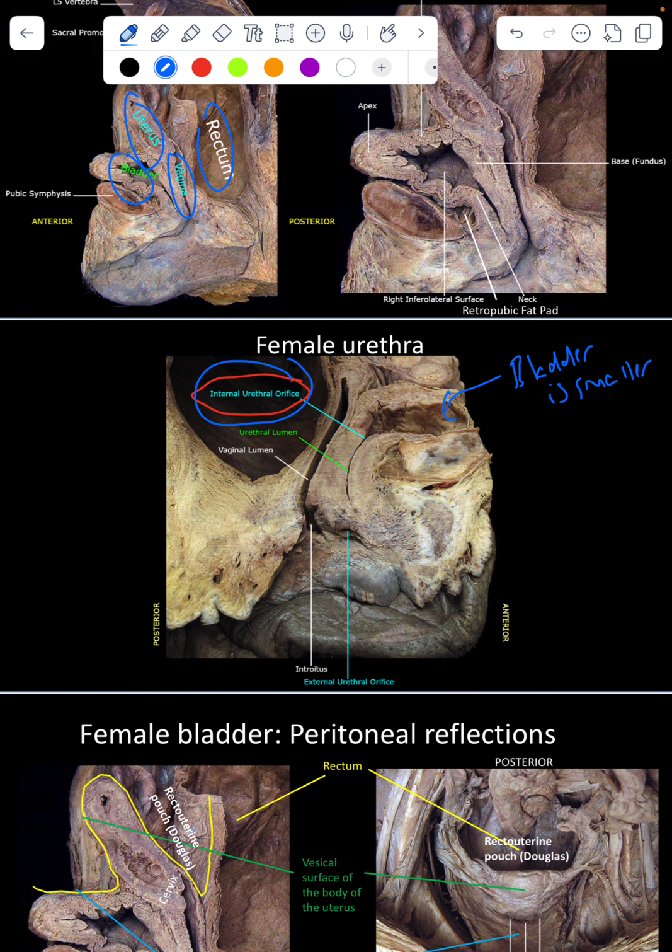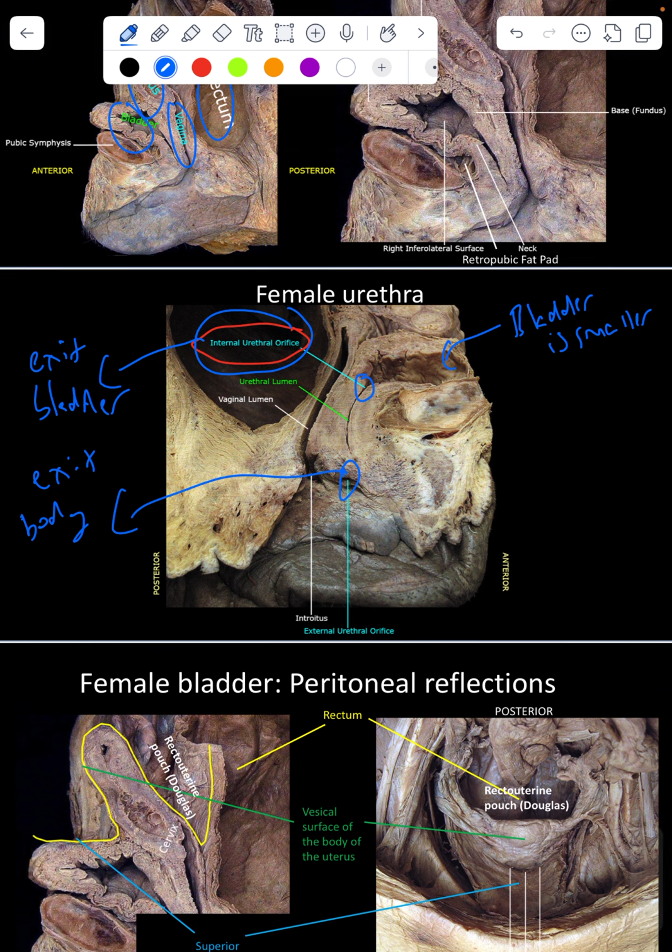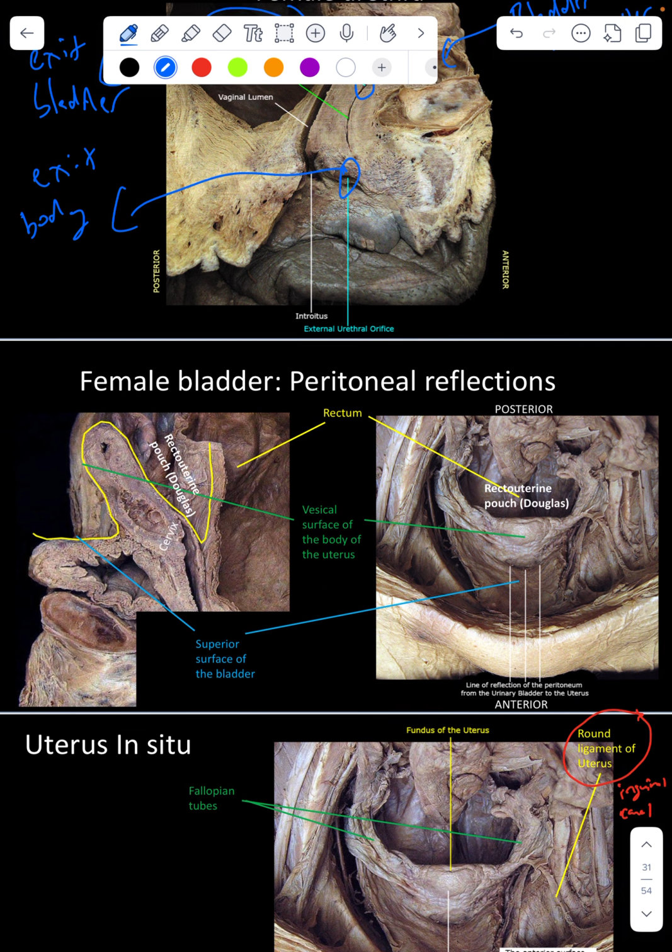So, internal urethral orifice is from the bladder. So that's what helps to exit the bladder. The external is what helps to exit the body. So that's the last part of the body where it comes out of.